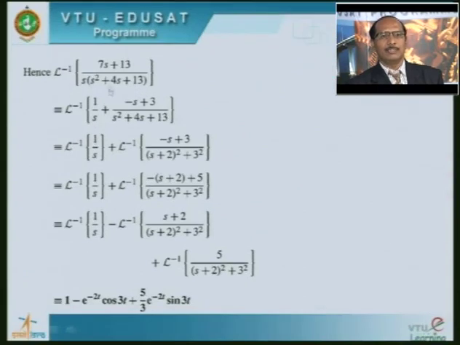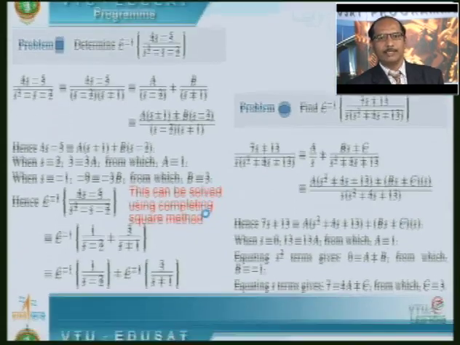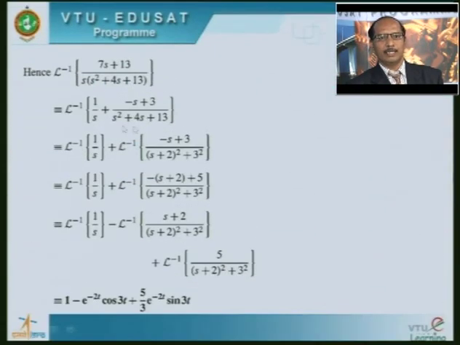Once you get the values, you substitute them here: 7s plus 13 is split into A divided by the linear factor plus (Bs plus C) divided by the quadratic factor, where the B value is minus 1 and the C value is 3. In this way it is written.